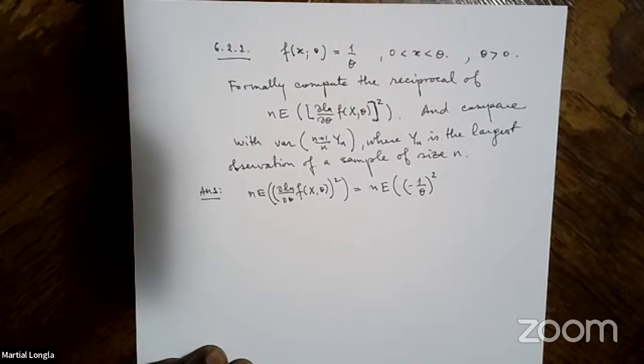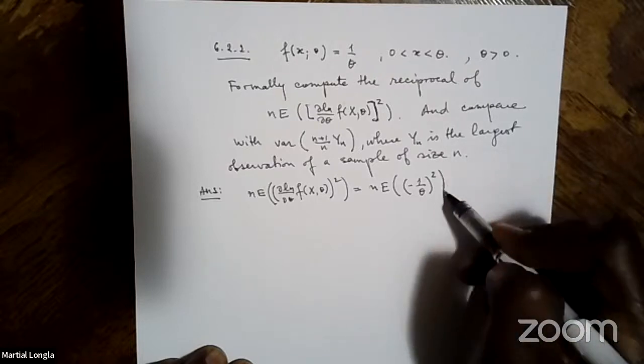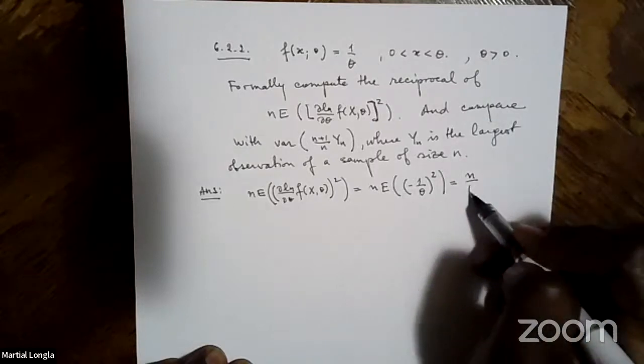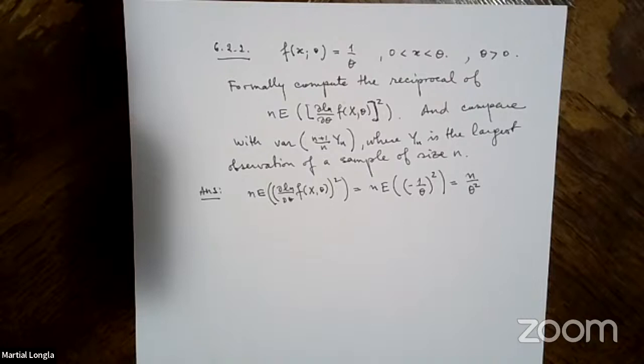There's really no work to do there. That's 1 over theta squared, so it's n over theta squared.